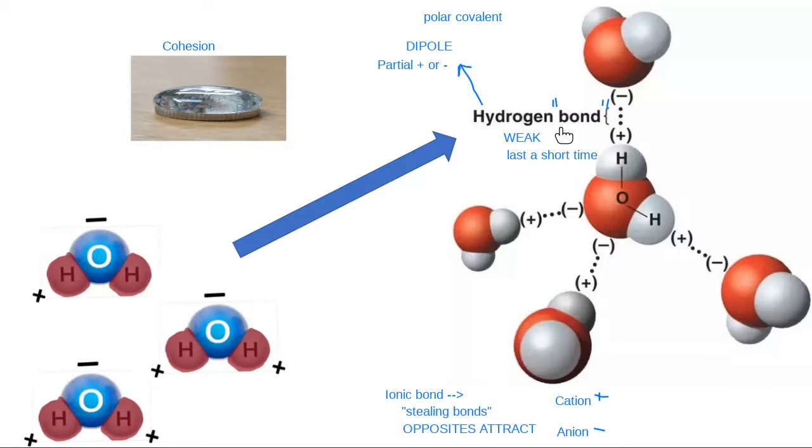Hydrogen bonds are what happens when a hydrogen, which always has a positive dipole, is attracted to a negative dipole. So we're going to see next unit when we start talking about your DNA. Sometimes hydrogen is attracted to nitrogen instead of oxygen.